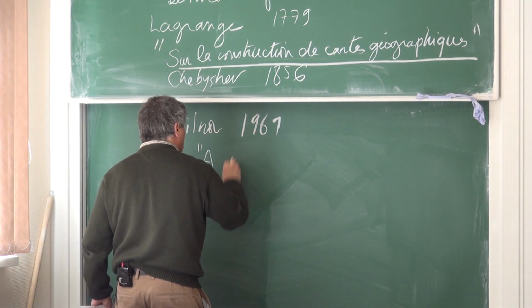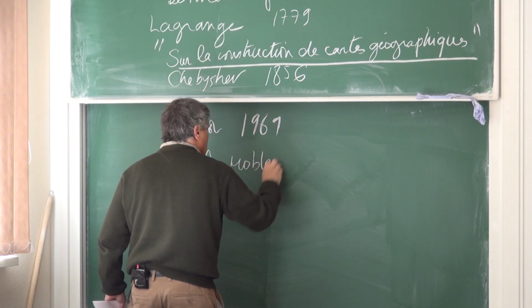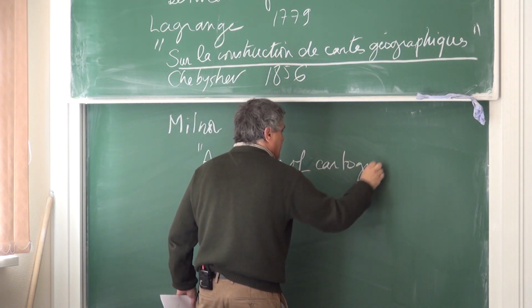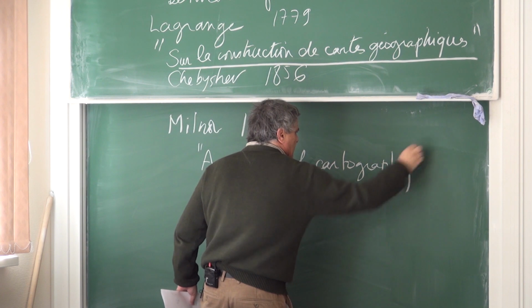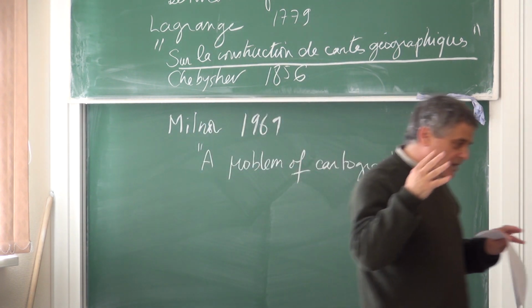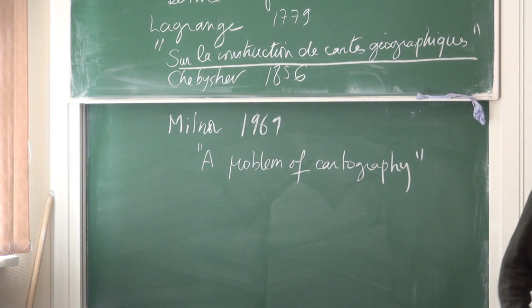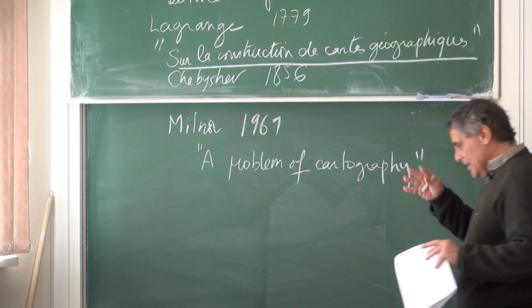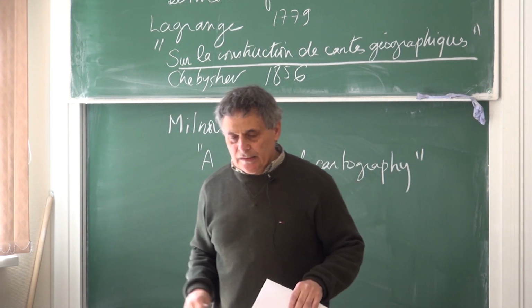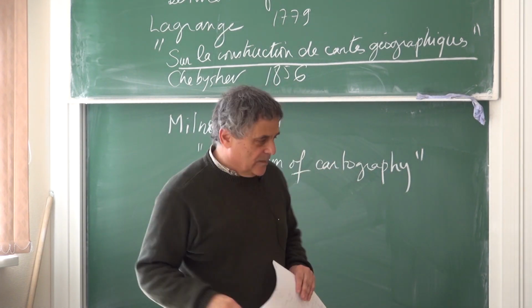It's called the problem of cartography. And he also looks at best Lipschitz maps between parts of the sphere, regions of the sphere, and the Euclidean plane.